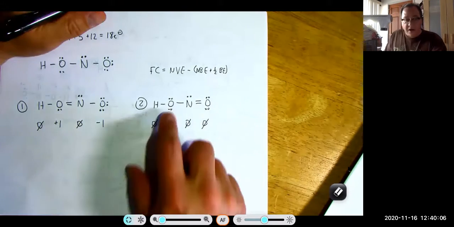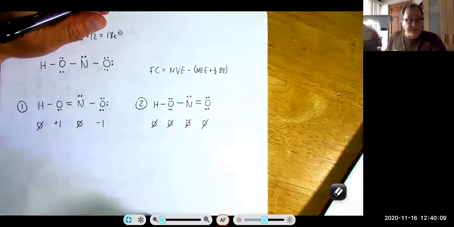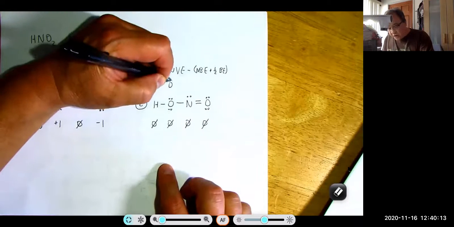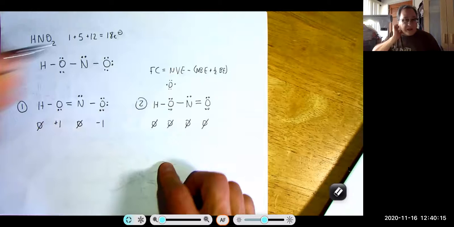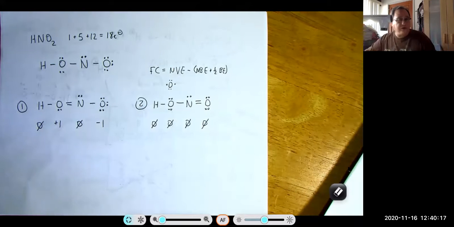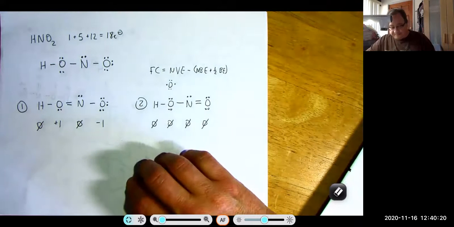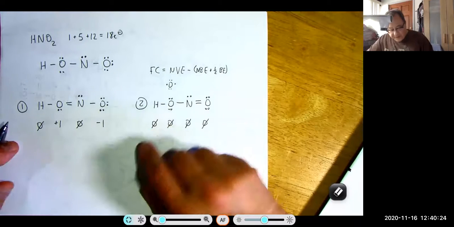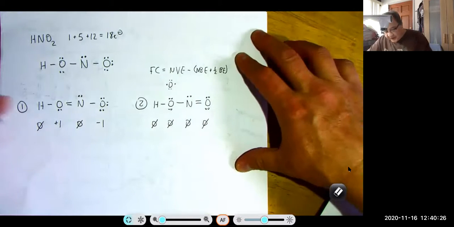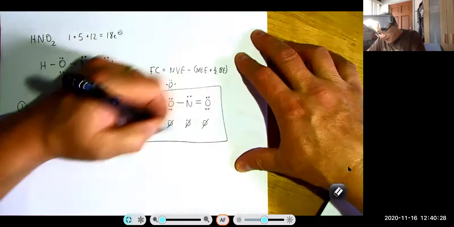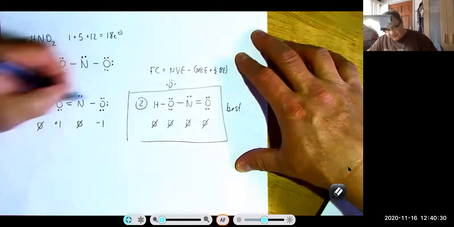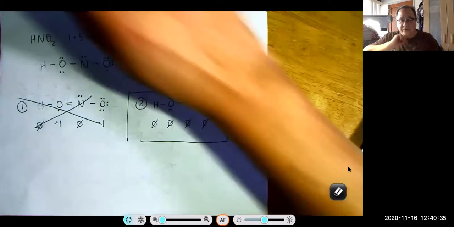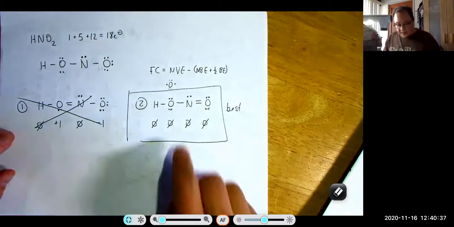This oxygen has 2 bonds, which it normally makes, so the formal charge is 0. This one, in fact, looks just like the oxygen we would draw if it were a pure neutral oxygen atom. This hydrogen usually makes 1 bond, formal charge is 0. So based on the formal charges, this is by far the best. And we say, no thanks. So this is the correct Lewis structure.